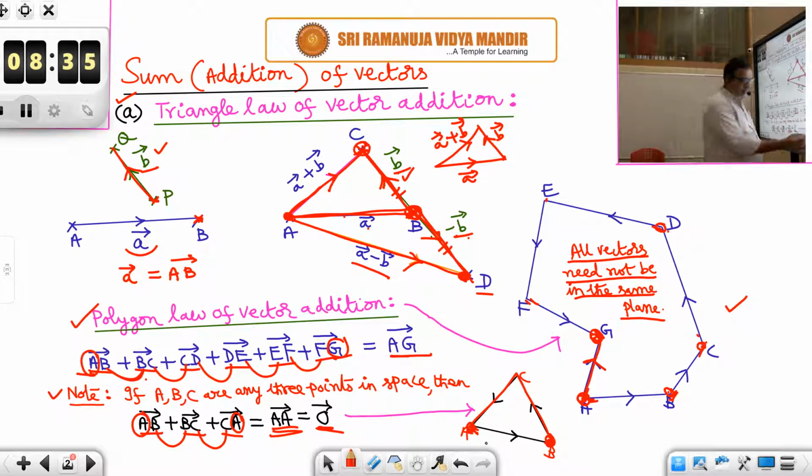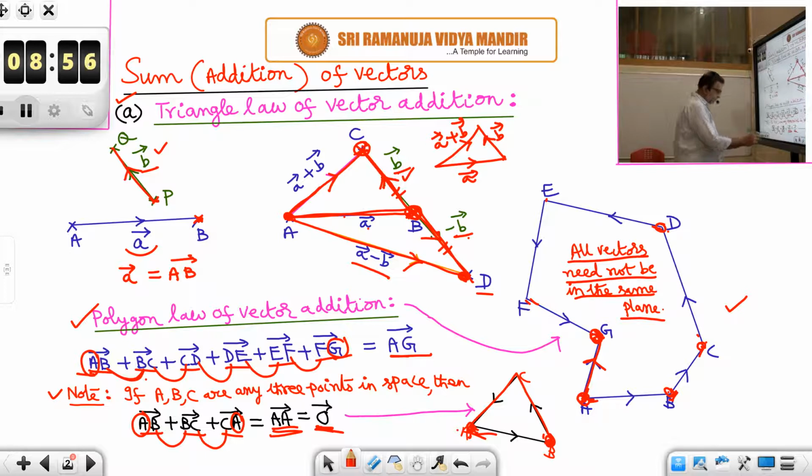So we have started from A and we have come back to A. So then the resultant is 0 bar only. We are at the original place only. So there is no displacement at all. So it is 0 bar. So AB plus BC plus CA, the resultant is 0 bar.